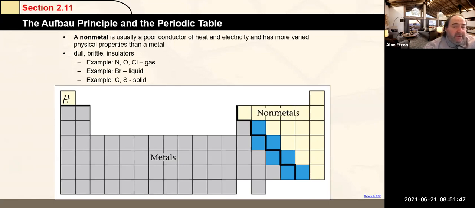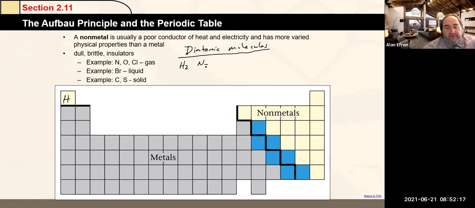Now, there are several elements from the periodic table that do come as molecules. And remember, a molecule is the combination of two or more atoms together. And there are some elements that come as diatomic molecules, and most of those are nonmetals. So when we talk about hydrogen by itself, it's hydrogen gas, H2.